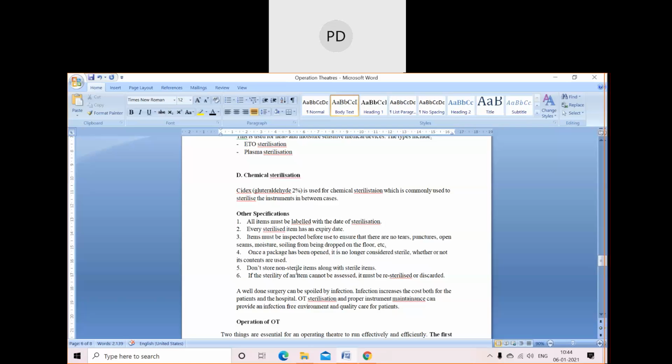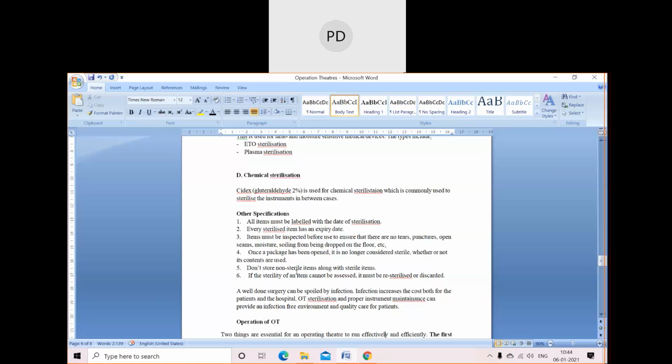So it is always needed that in the OT, the cleaning has to be very proper, and it has to be disinfected every time. And infection increases the cost for both the patients and the hospital. Readmissions and treating that person with antibiotics cost a lot.